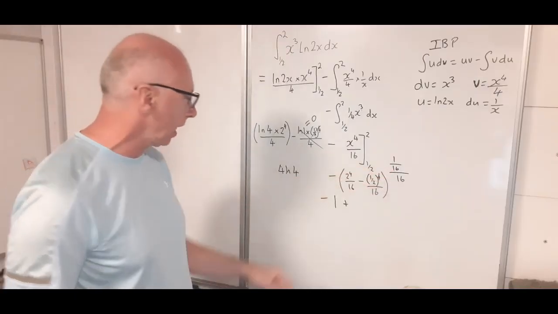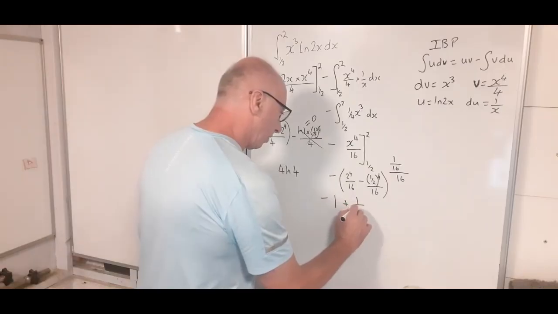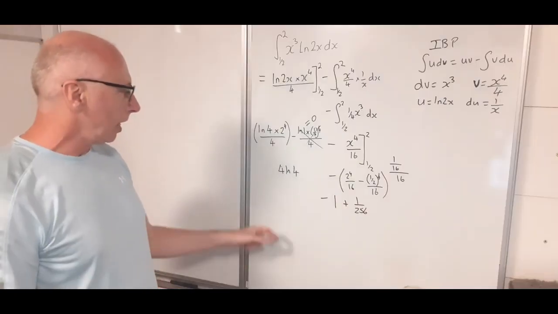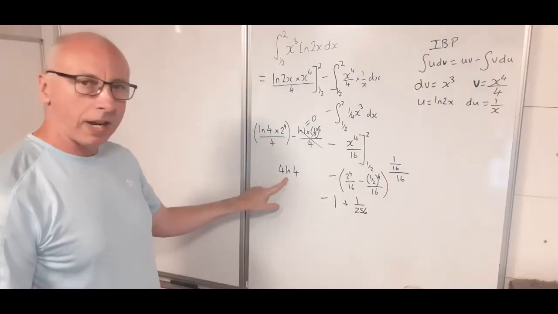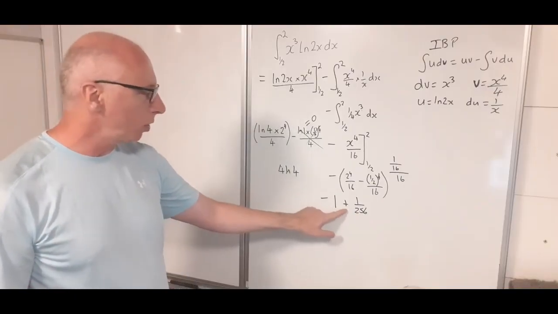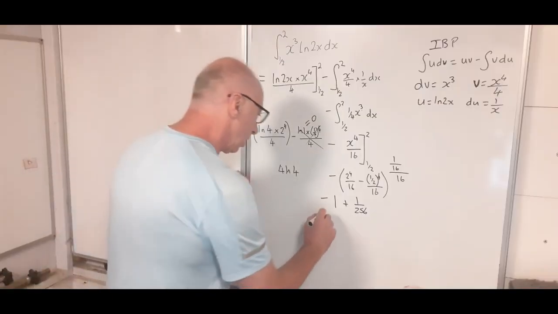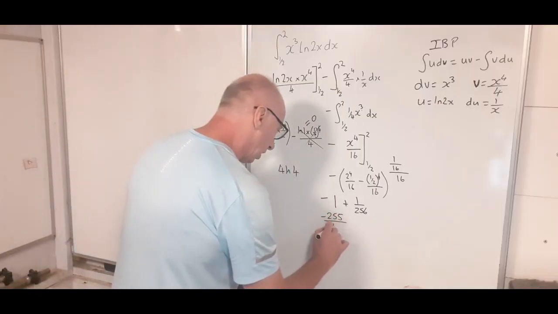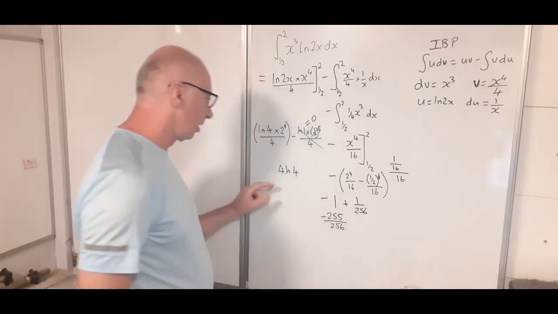So that's plus 1 over 256. Okay, now 4 ln 4 minus 1 plus 1 over 256 minus 1 plus 1 over 256. That's going to give me minus 255 over 256.